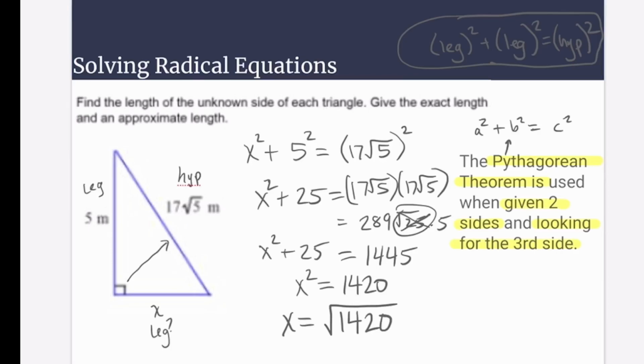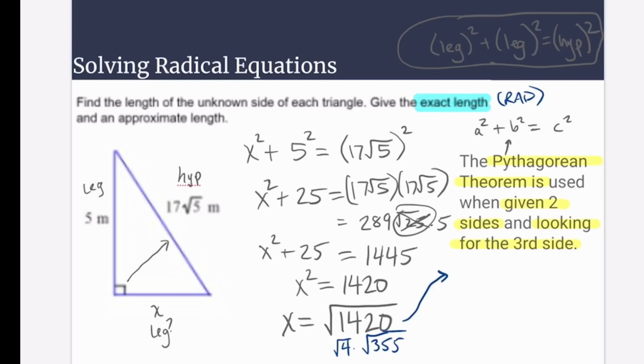So the problem's asking for an exact length, which means it wants your answer in radical form. So that's what we're going to do first. This square root, we can actually simplify. 4 goes into it. So it's going to be 4 and then radical 355.